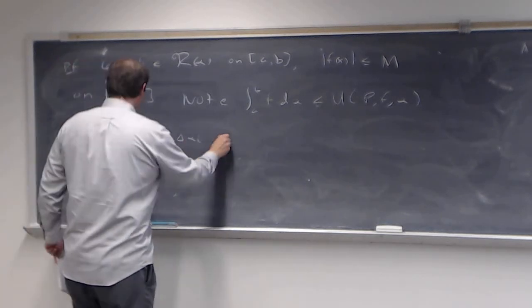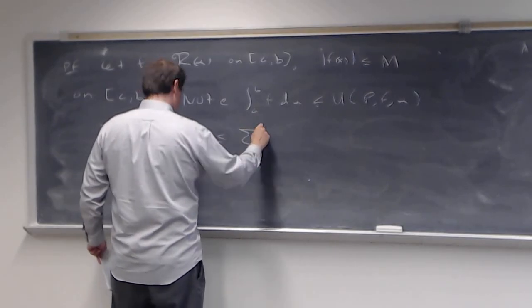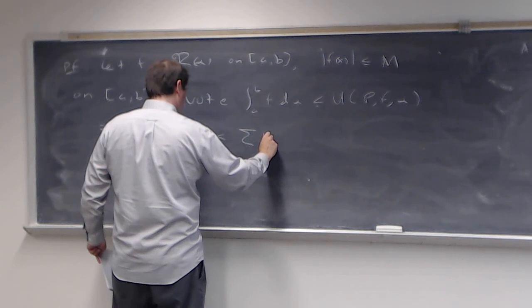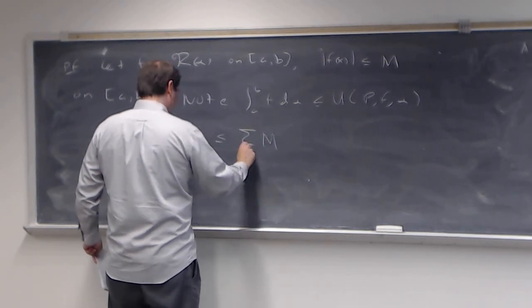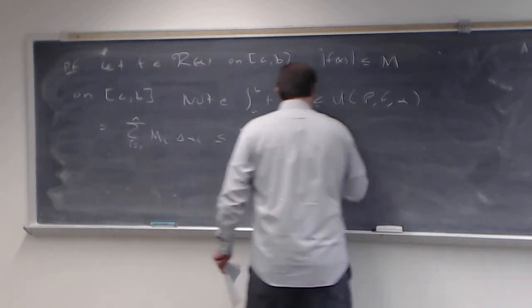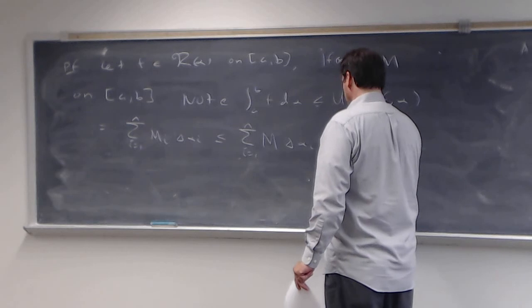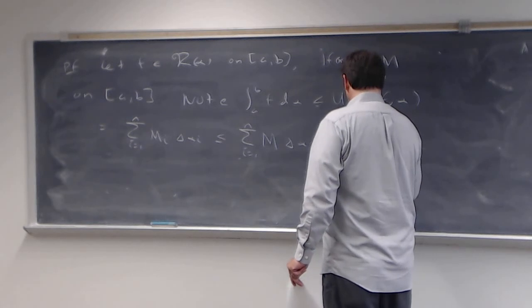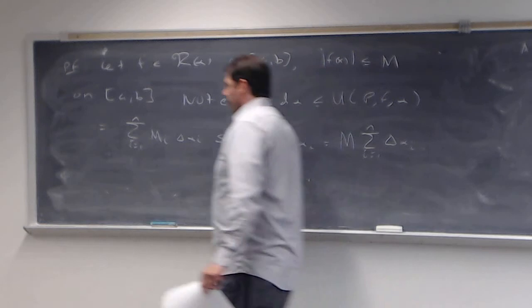But that's going to be less than or equal to big M times the sum as i runs from 1 to n of the delta alpha sub i's, because M is a constant and you can take it out.